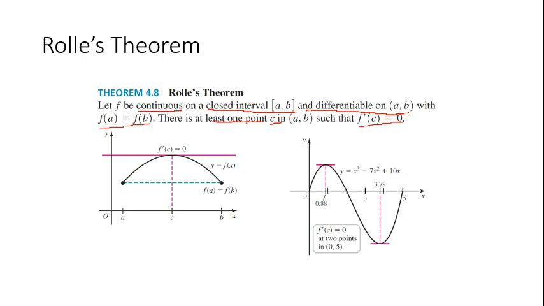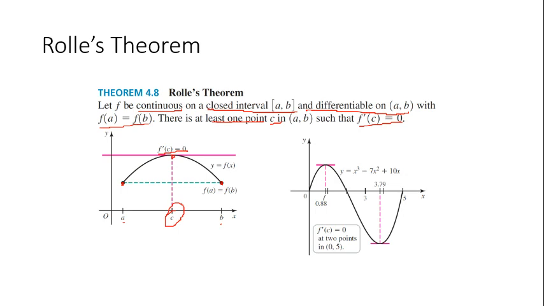So for example, this first drawing here on the left is an illustration of that. We have a function that is continuous and differentiable on a closed interval a to b, and the two endpoints a and b have the same y-coordinate. So there is at least one interior point between the endpoints where the first derivative is equal to 0.